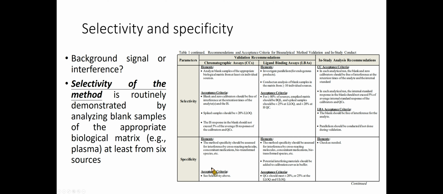During method validation, you should verify that the substance being measured is the intended analyte to minimize or avoid interference. Selectivity of the method is routinely demonstrated by analyzing blank samples of the appropriate biological matrix, for example plasma, from multiple sources.